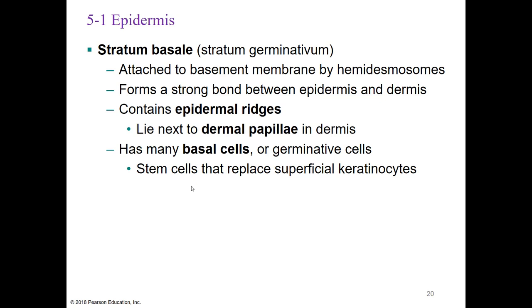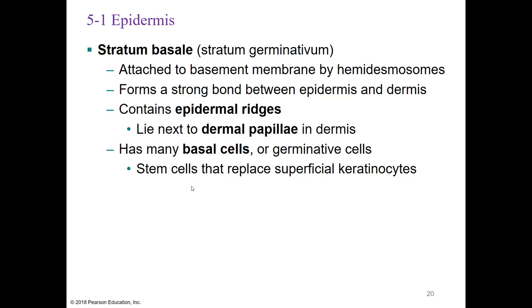Here it gives you some of that in the notes. Again, attached to the basement membrane by hemidesmosomes. Hemidesmosomes we talked about also in chapter 4. Those anchor the epithelial tissue down to connective tissue. The stratum basale also is where the epidermis and dermis meet and bond.